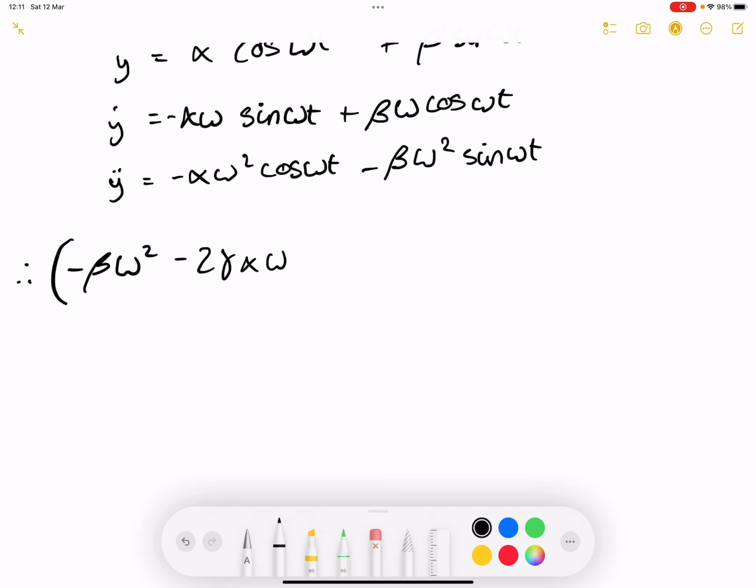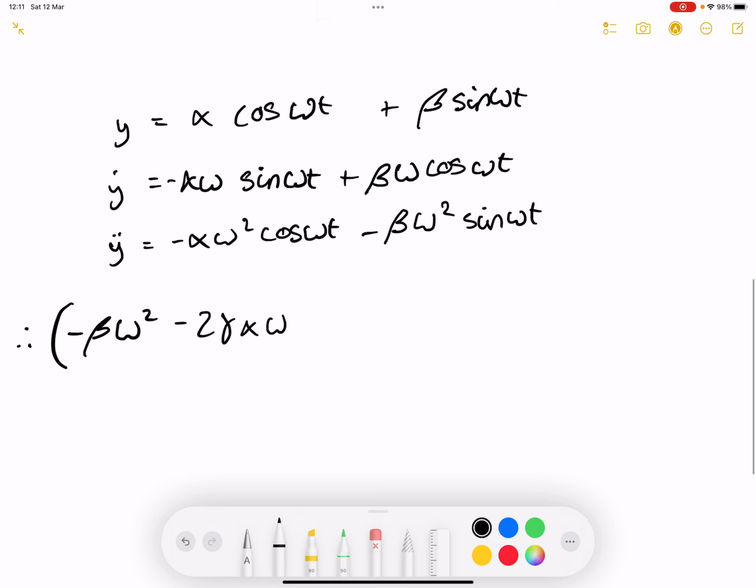So this is the sine omega t part. So we got minus beta here. The minus 2 gamma alpha comes from this part. And then we're going to get plus beta omega naught squared, I think. Are we going to get that? Yes, we are. Okay.